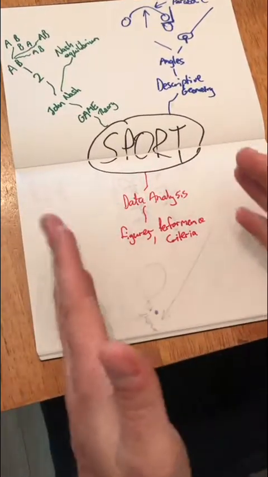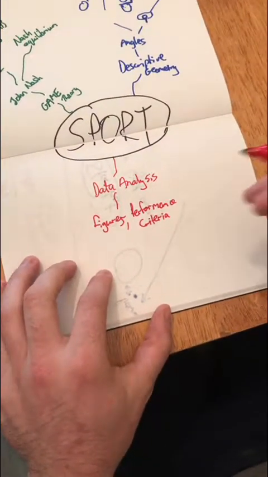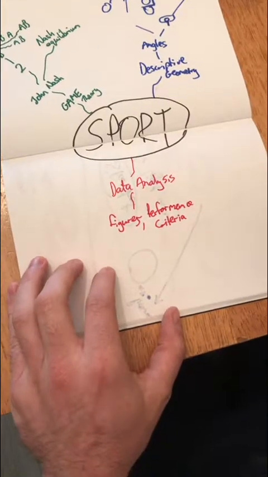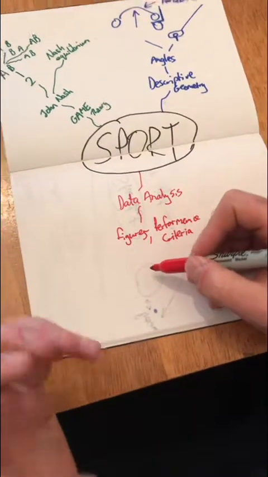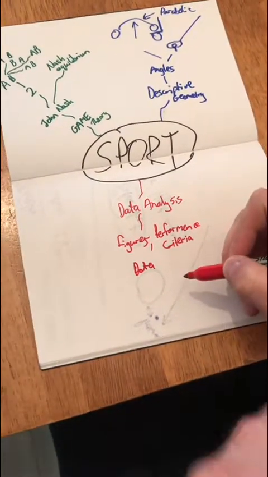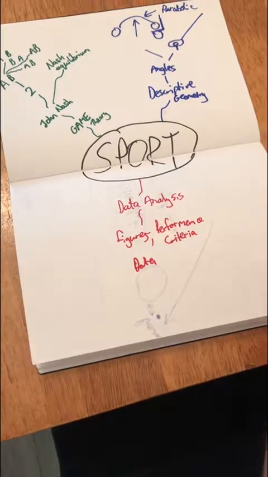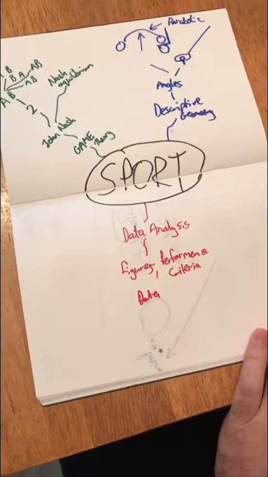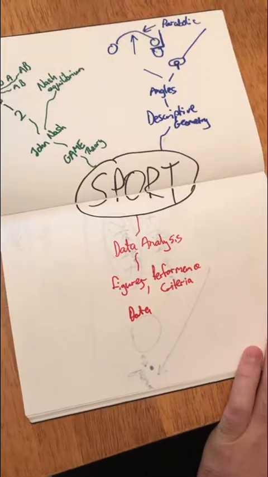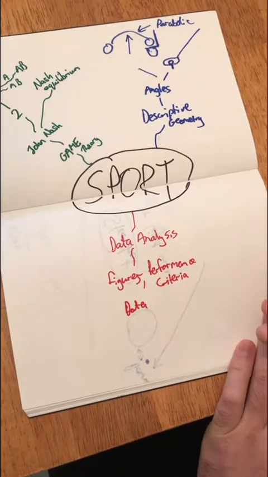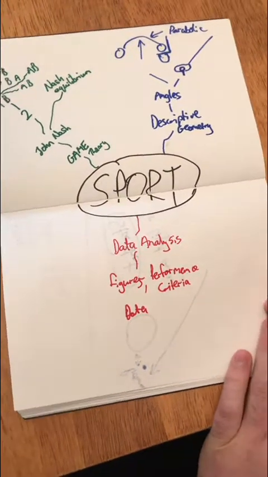Basically, what this area is about in sport is getting to a stage where coaches and players don't just rely completely on their gut instinct anymore, but rely on hard data to inform the decisions they make.